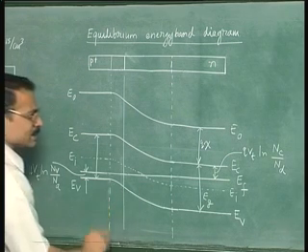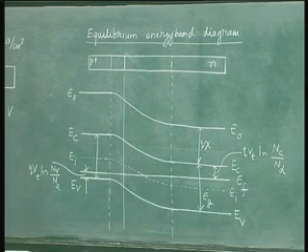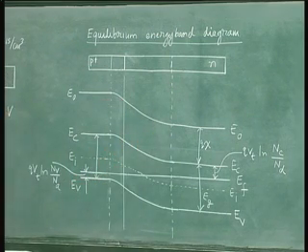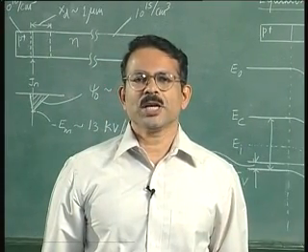Now that being the case, it is important to note that in such situations it is the E0 which should be maintained continuous, because E0 represents the energy corresponding to an electron which is just outside the crystal.